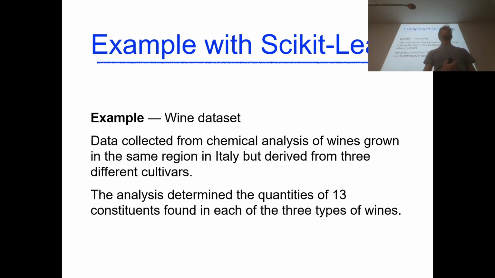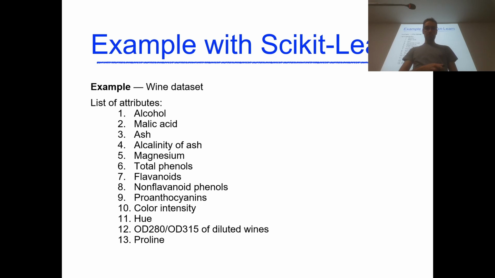The dataset regards chemical properties of wine, and obviously your interest is to try to predict the quality of the wine. This is the list of attributes. For instance, you have the quantity of alcohol, different properties, alkalinity, if there are phenols, the color intensity, and stuff that I have no idea what it is.